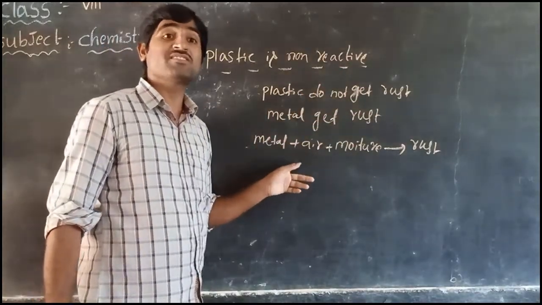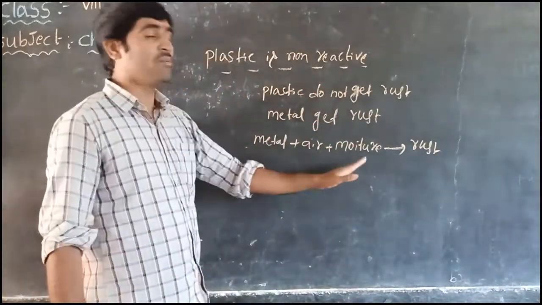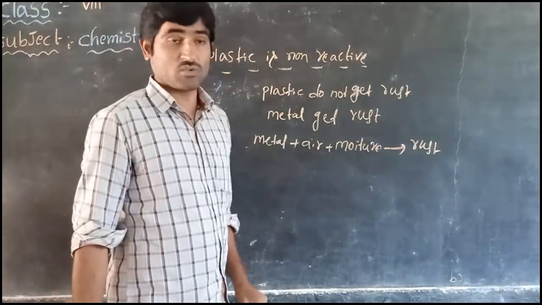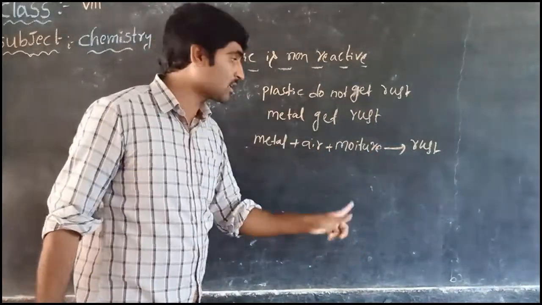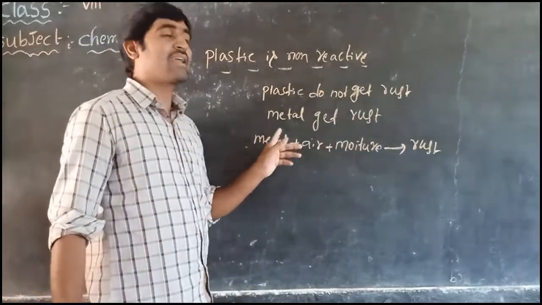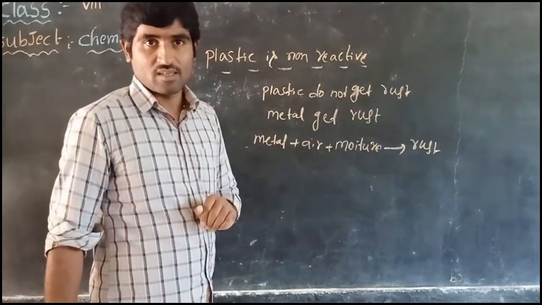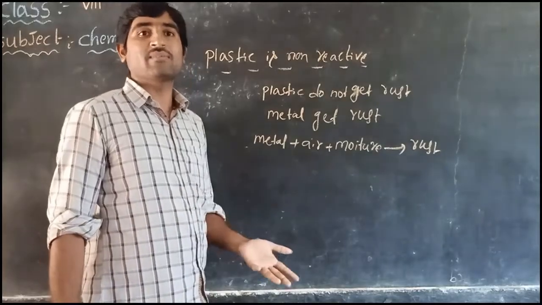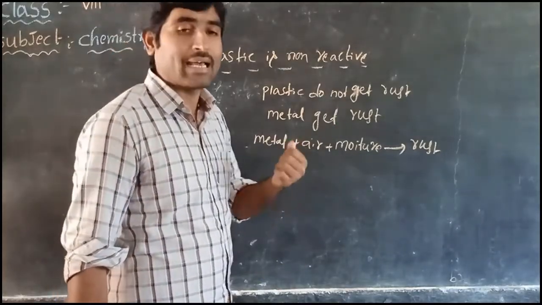Then it cannot get rust. What about metals? Metals can react with air and moisture. That's why metals get rust. But plastics do not react. That's why plastics do not get rust.